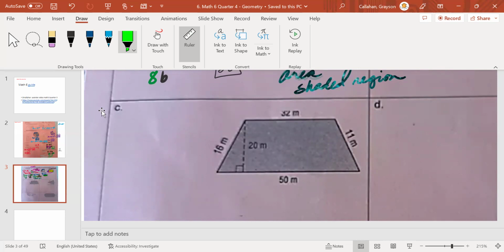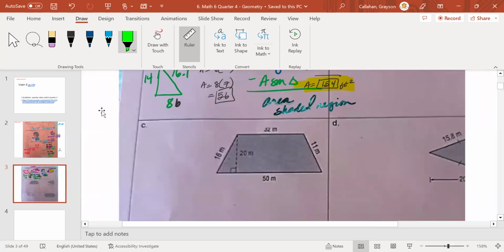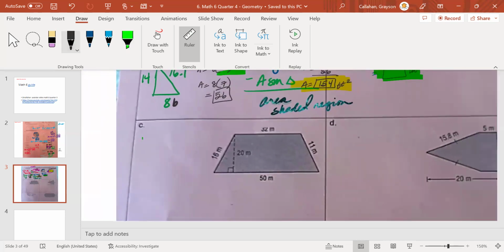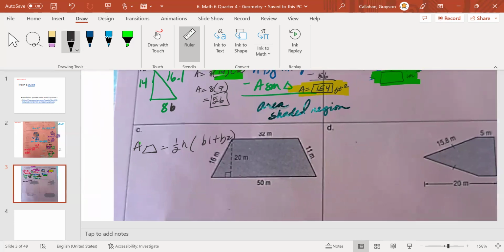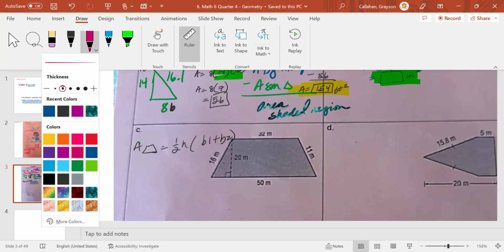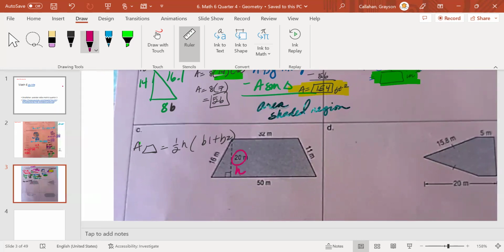Okay, area of a trapezoid is 1/2 height times base 1 plus base 2. Which one's your height? That's your height. Which one's your base 1? Which one's your base 2?